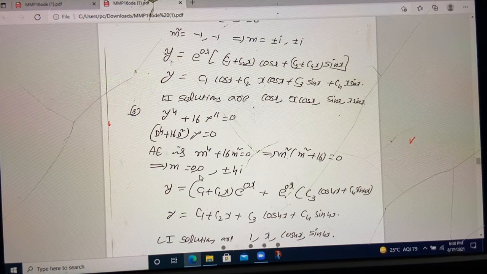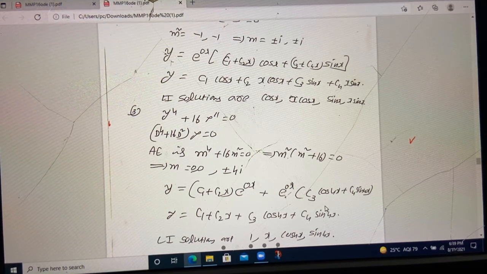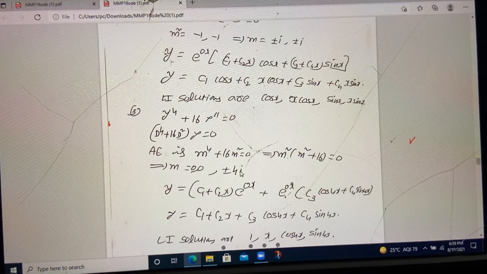Now, here this is repeating 2 times, this is only occurring once. So let us see, 0, 0. That is, 0 is repeating 2 times. So first degree polynomial: (C1 plus C2 x) into e power 0x. Next, e power 0x, alpha x, C3 cos 4x plus C4 sin 4x.